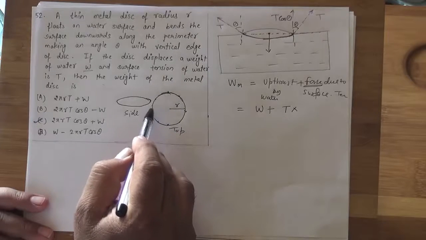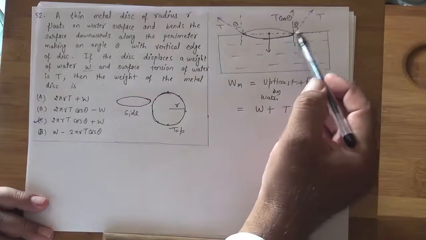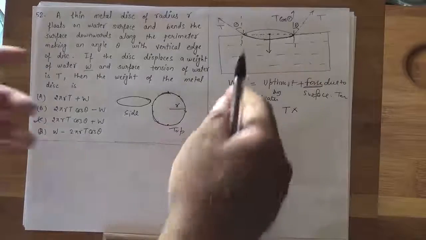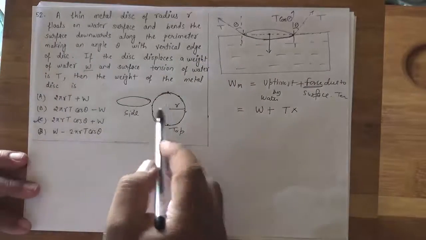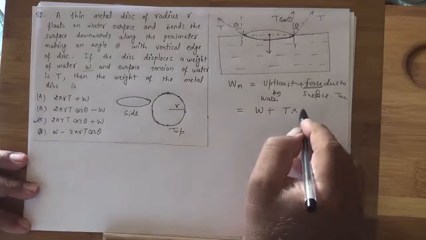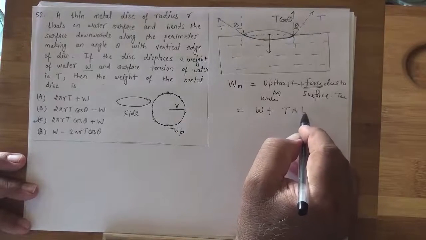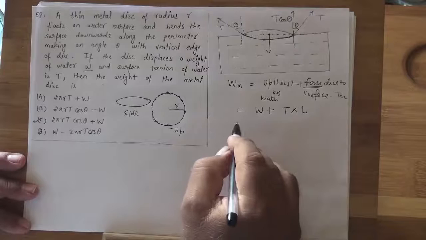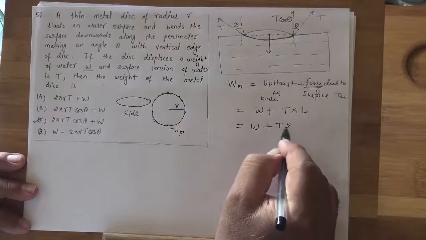This is the line of the disk where surface tension is acting upward. जैसे इसके चारों तरफ उंगली डाल के हम ऐसे ऊपर उठा रहे हैं, कितनी लेंथ को उठा रहे हैं? ये इतनी लेंथ को उठा रहे हैं. And how much is this length? This length is 2 pi r. So first I will write it in formula form, T into length, and then we will make it W plus T 2 pi r.